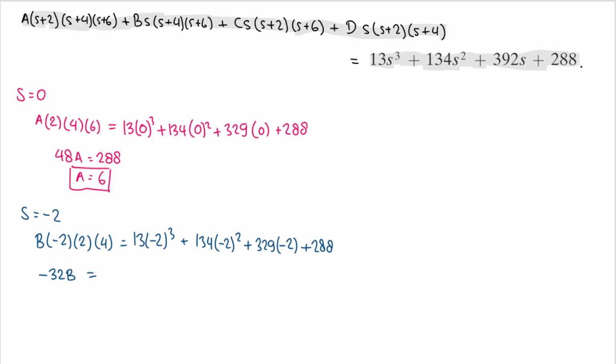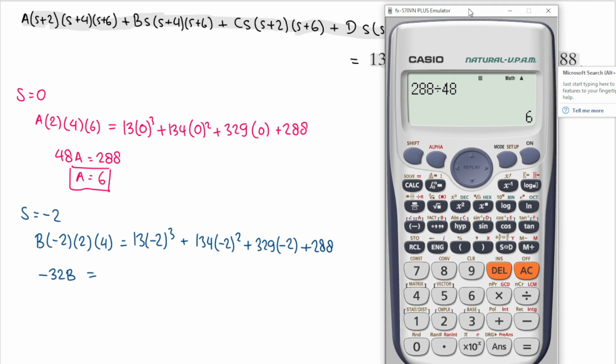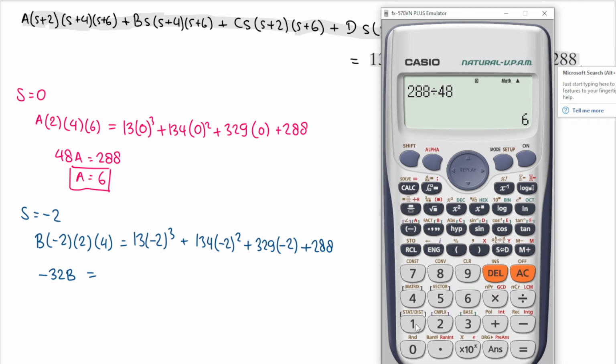Then on the right hand side, that is complicated, so just let the calculator calculate it. 13 multiplied by -2 to the third power, and then plus 134 multiplied by -2 squared, and then plus 329 multiplied by -2, right? And then plus 288. Okay, we will have 62.